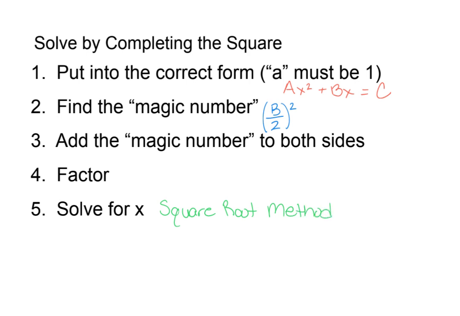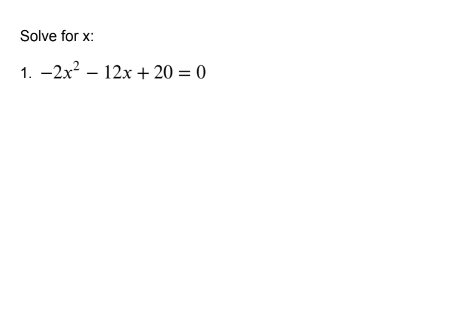So let's look at a problem. First things first, it's not in the right form, so we need to move the 20 to the other side. I'm going to subtract the 20 over. The other thing is the number in front of the x squared is a negative 2, and remember, we need a lead coefficient of 1.